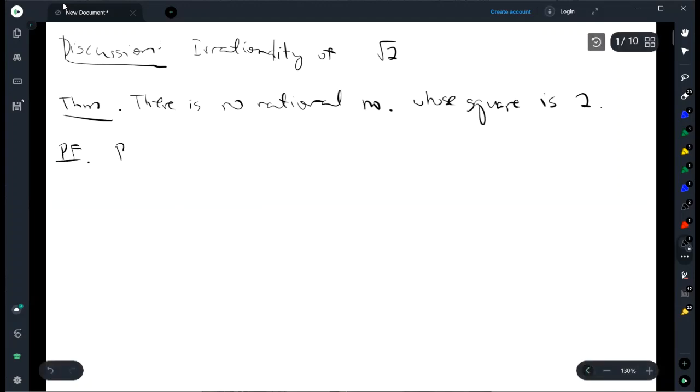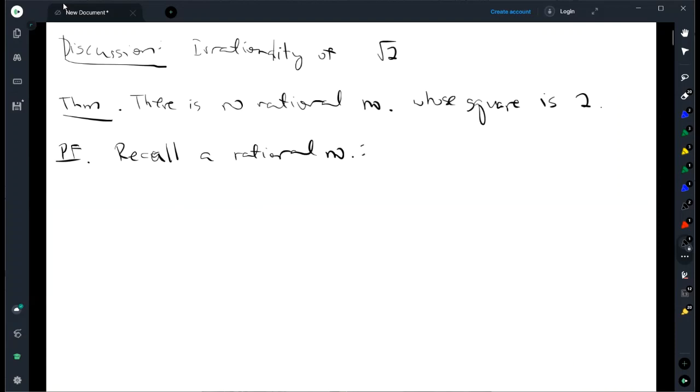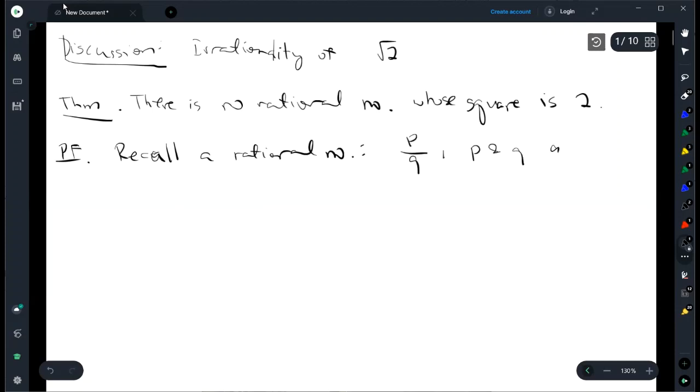Now, to prove this one, let's briefly recall the definition of a rational number, and recall that a rational number can be written as the quotient of the form P over Q, where P and Q are integers.